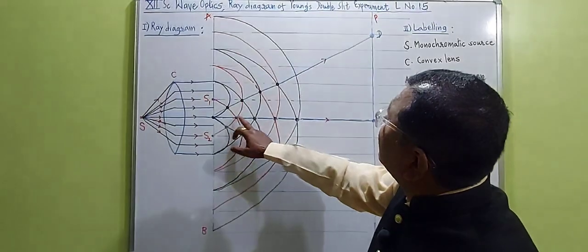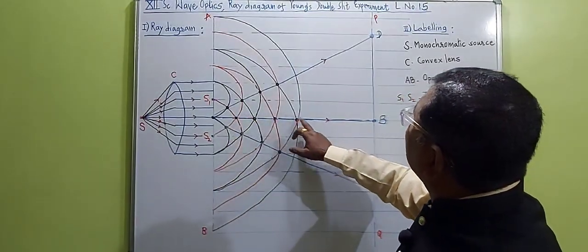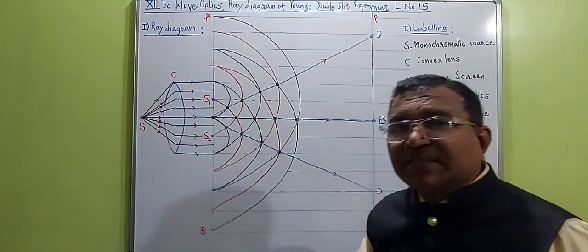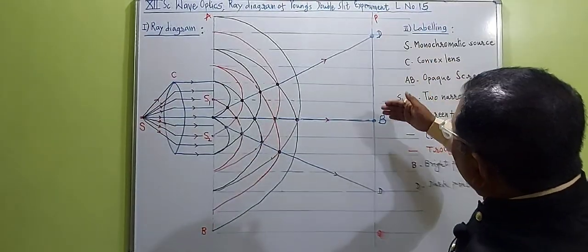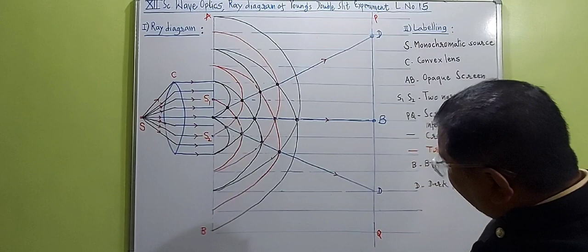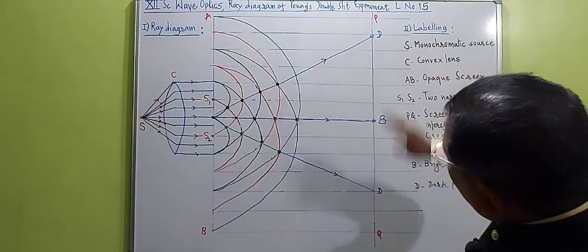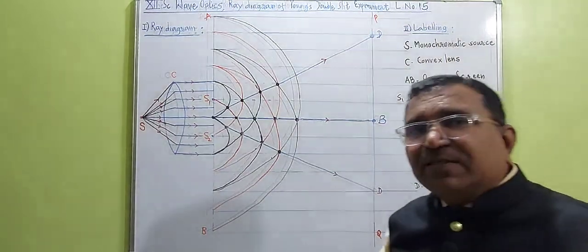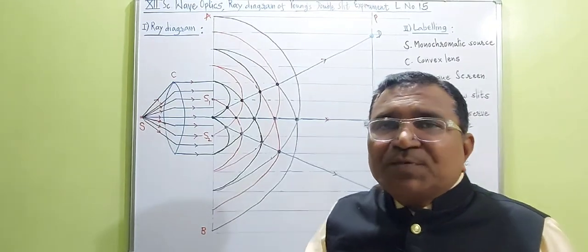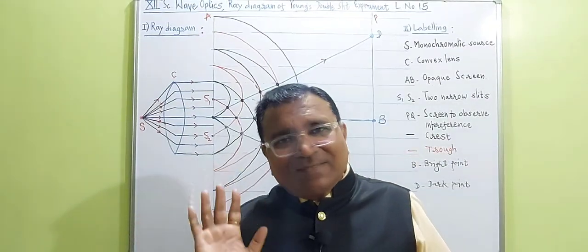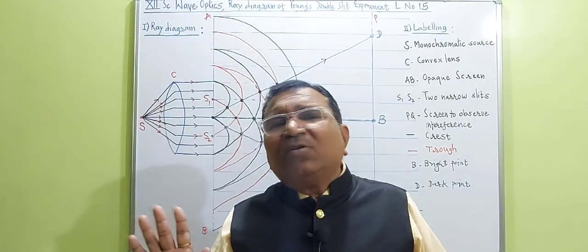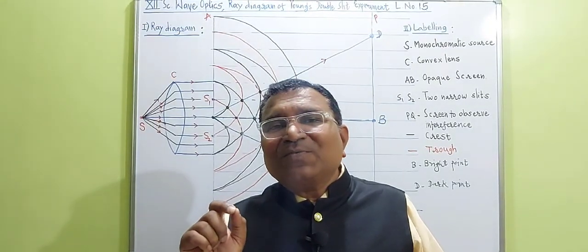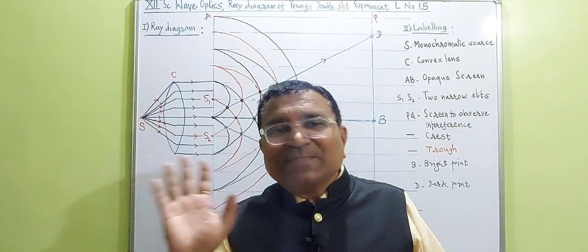In this way, alternate dark and bright fringes on both sides of the screen are obtained to observe the interference pattern. That is all about the explanation of Young's double slit experiment.